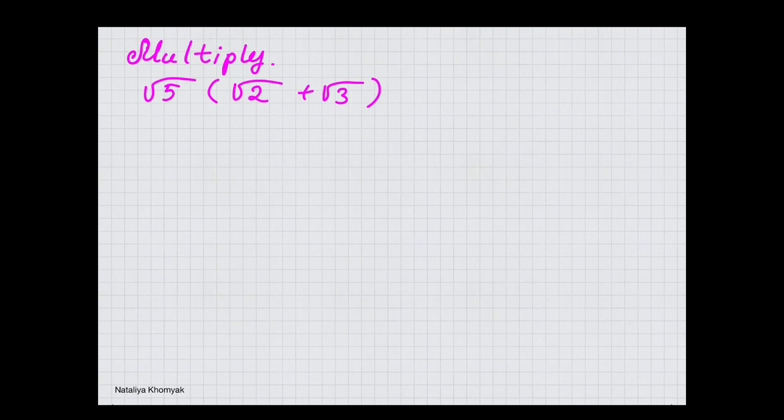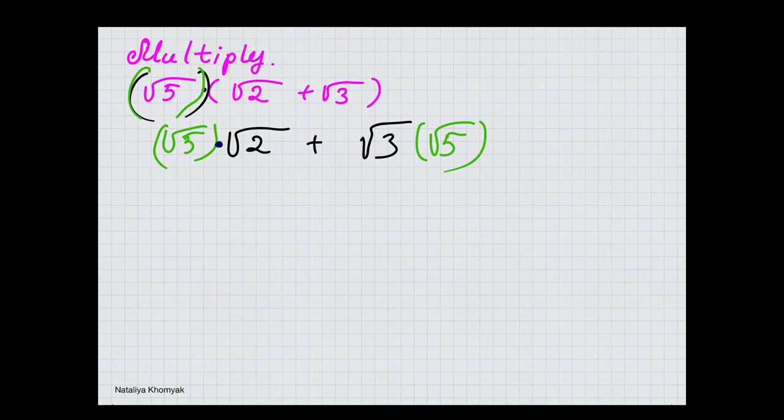Now here we have square root of 5 outside of the parentheses. So first thing we have to do is to distribute the square root of 5. And for distribution, first step is to copy the inside of the parentheses, square root of 2 plus square root of 3, and I'm going to distribute the square root of 5.